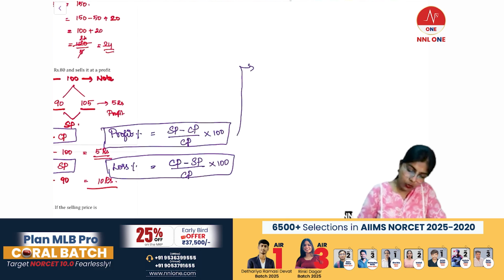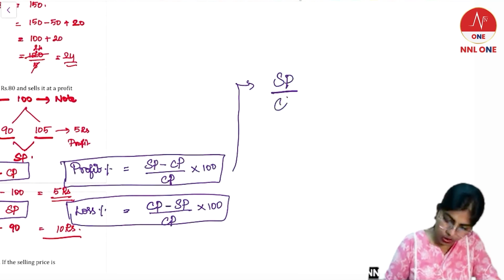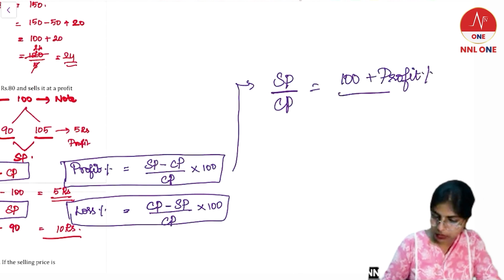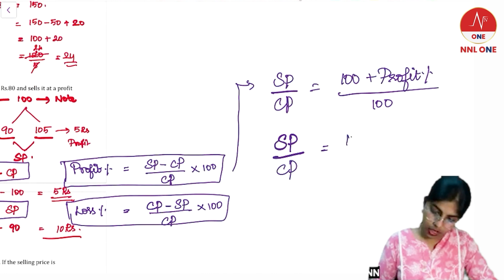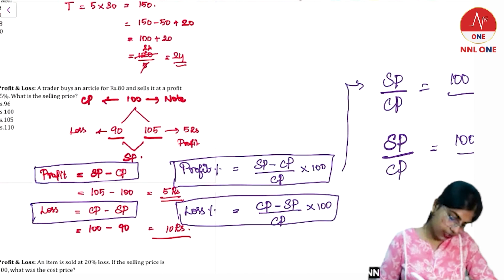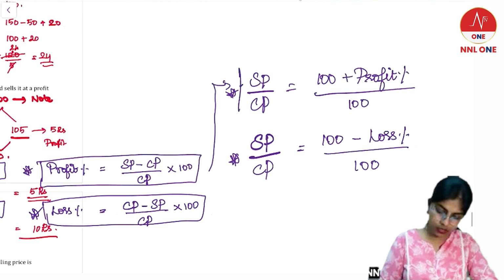Deriving this formula, we'll get another important formula which is SP by CP is equal to 100 plus profit percentage by 100. The same, if it is asked for loss, SP by CP is equal to 100 minus loss percentage by 100. Always keep in mind these 6 formulas are important whenever you are approaching profit and loss questions.